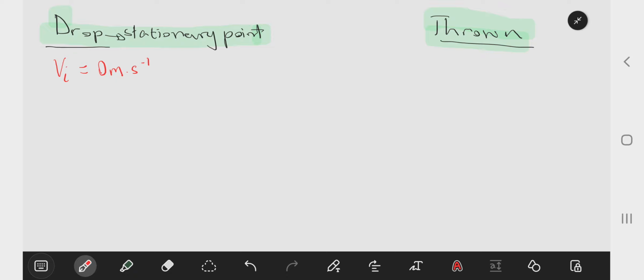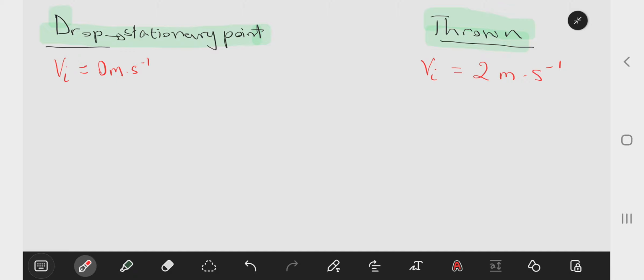It's a drop, you're not giving it an initial velocity. But if an object is thrown, then the initial velocity is not equal to 0. There is a certain initial velocity. For example, we can say the initial velocity was 2 meters per second.